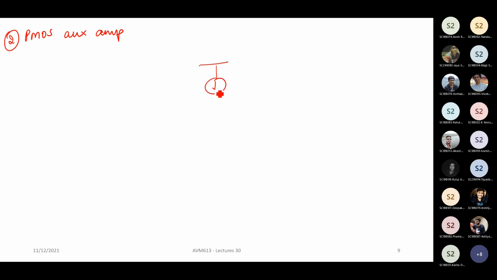So let's say this is our original transistor. This is Vn, this is M1, this is M2, right? And here, instead of an NMOS input pair, we are putting a PMOS input pair.